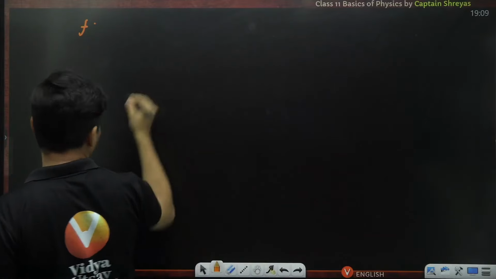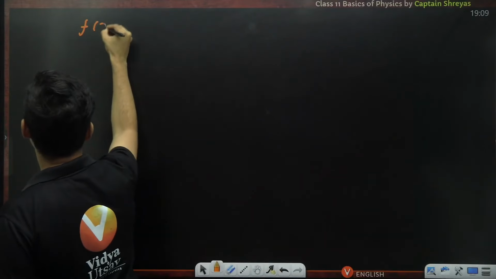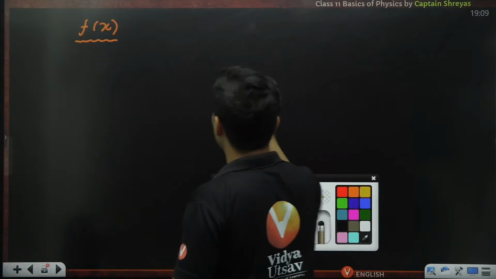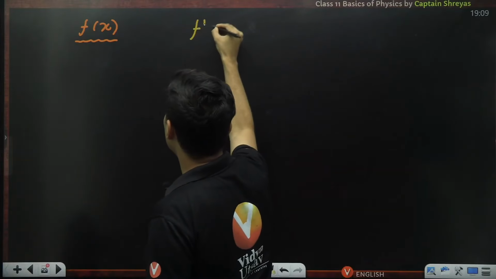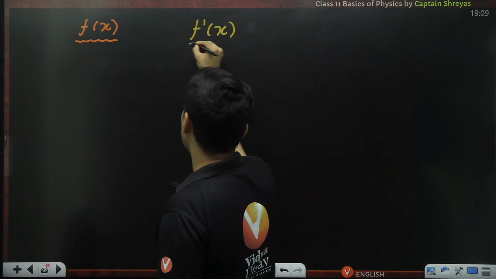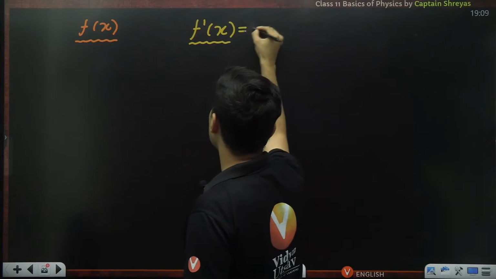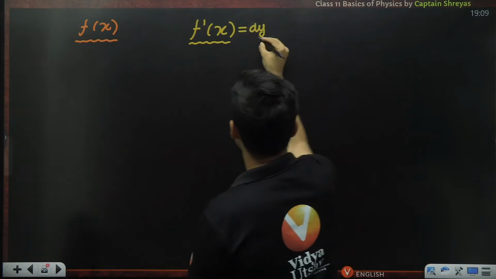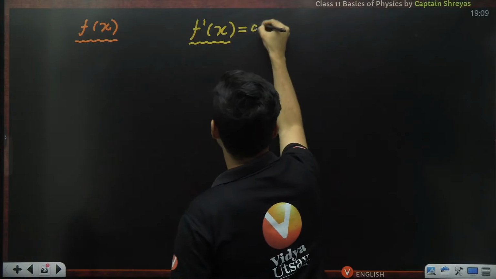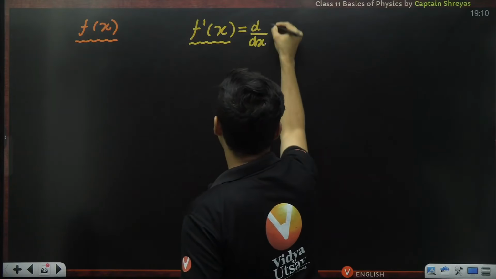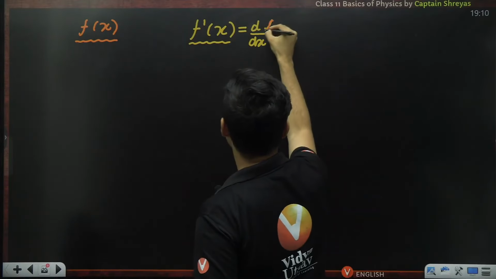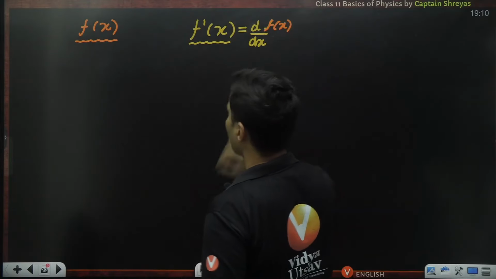So on one side, let me put the function, and on the other side, I'll put the derivative of it, meaning f dash of it, which is basically dy by dx, which is nothing but the derivative of that particular function.